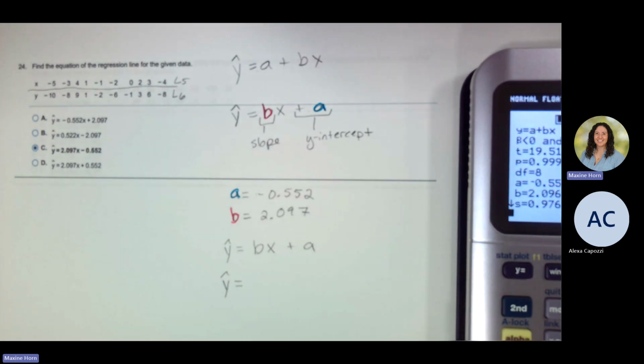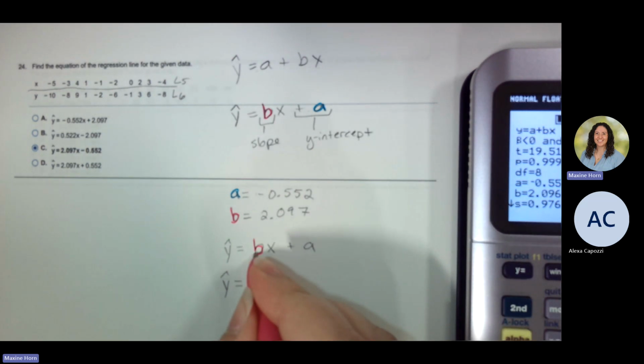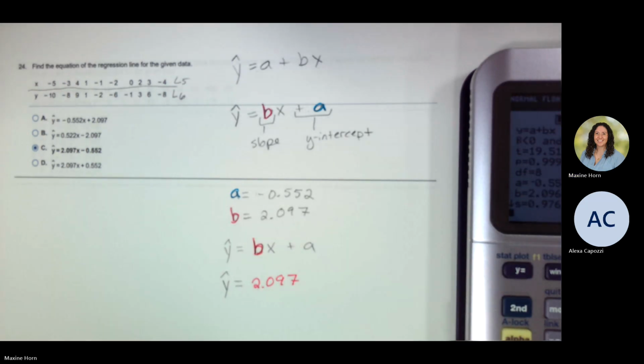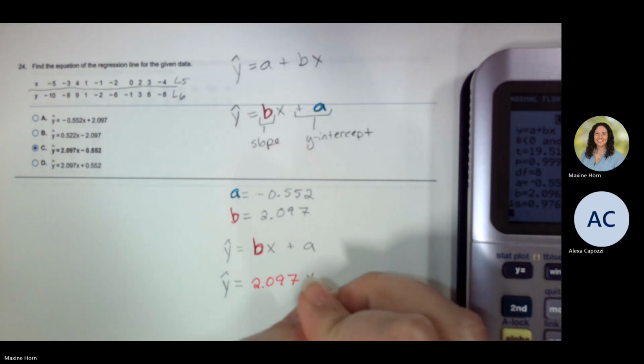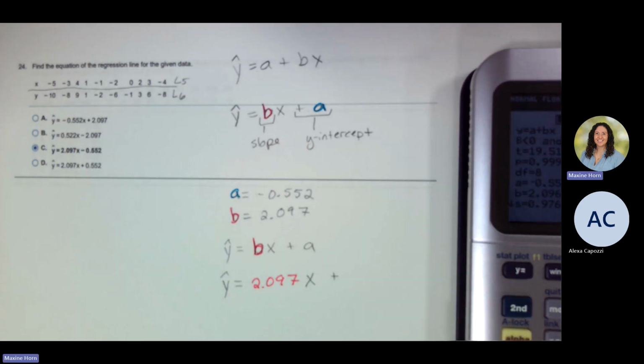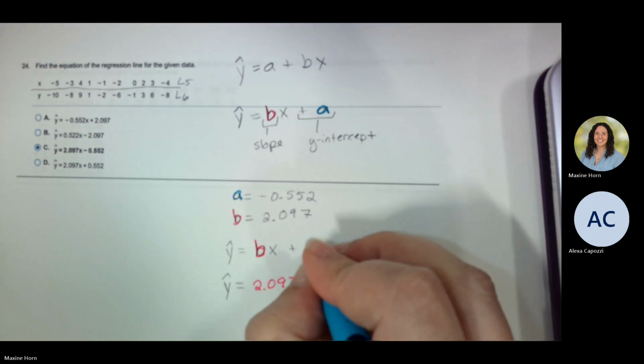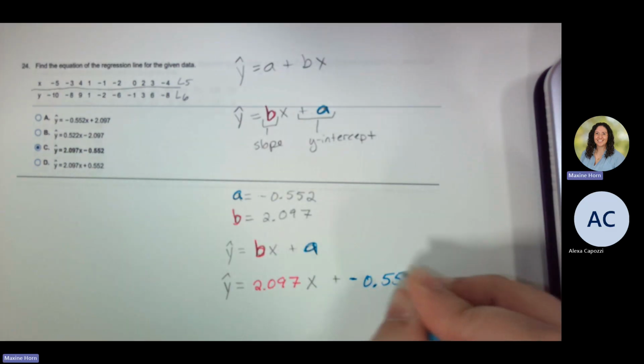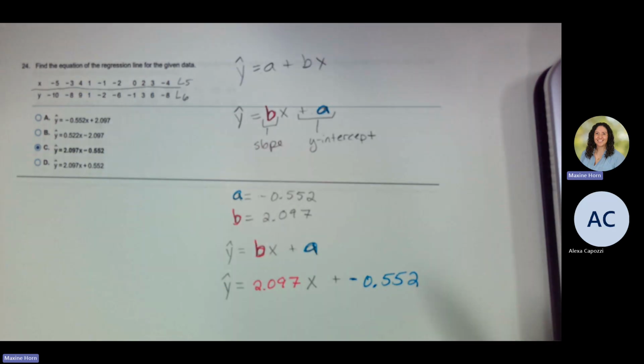Getting ahead of myself here. All right, b. I want my b. b is 2.097. And then I write the letter x. And then I write my a, which is negative 0.552. Now you'll notice here I wrote a plus because there's a plus there. You can just write a negative because we are adding a negative number.